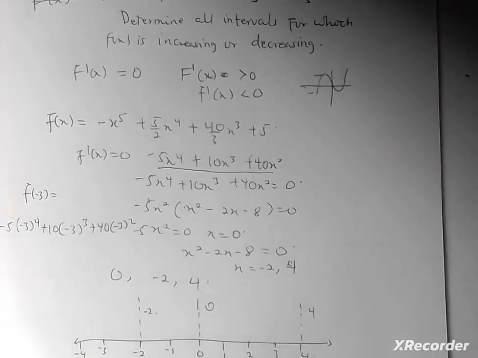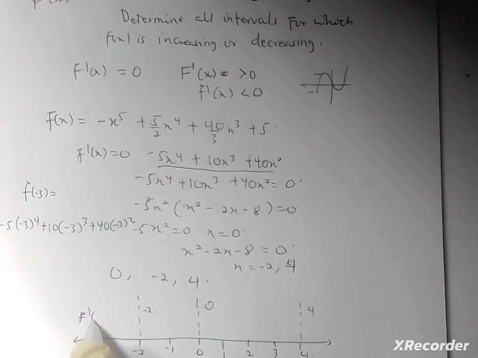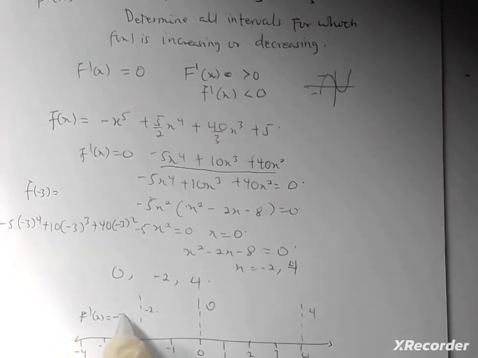Then I simplify. I'm getting negative 315. f prime of x gave me negative 315.